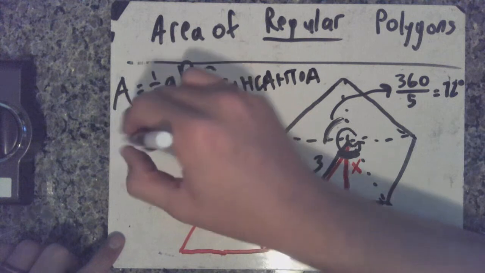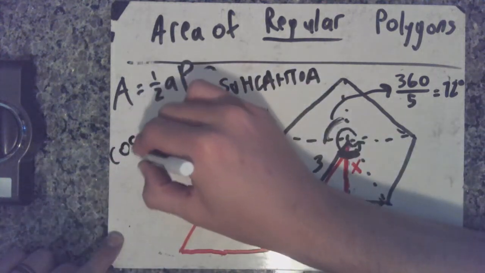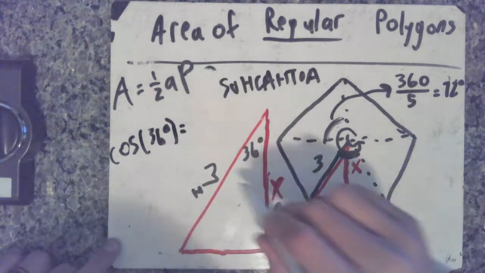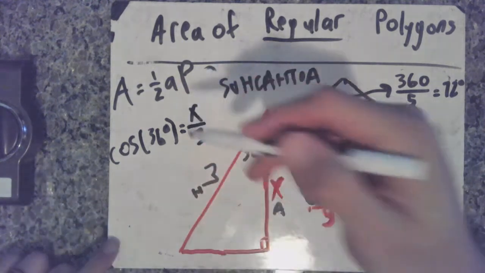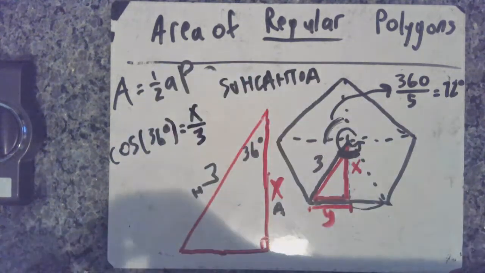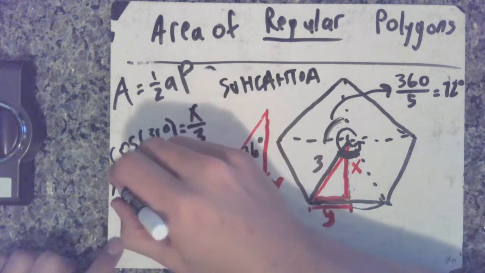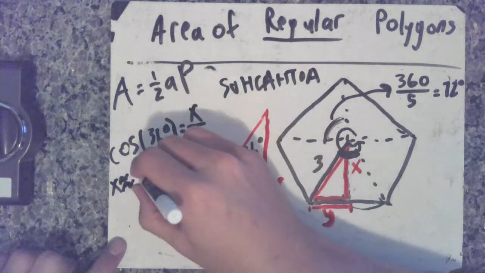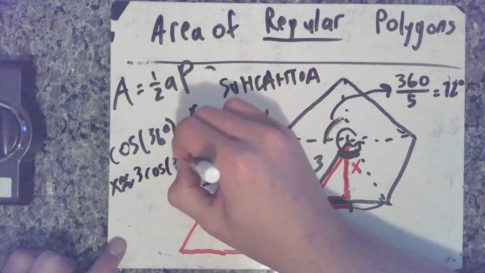So we've got to use cosine here because I'm looking at the adjacent and the hypotenuse. So cosine of 36 is equal to x over 3. From here, we're just going to multiply both sides by 3. So in other words, x is 3 times the cosine of 36.